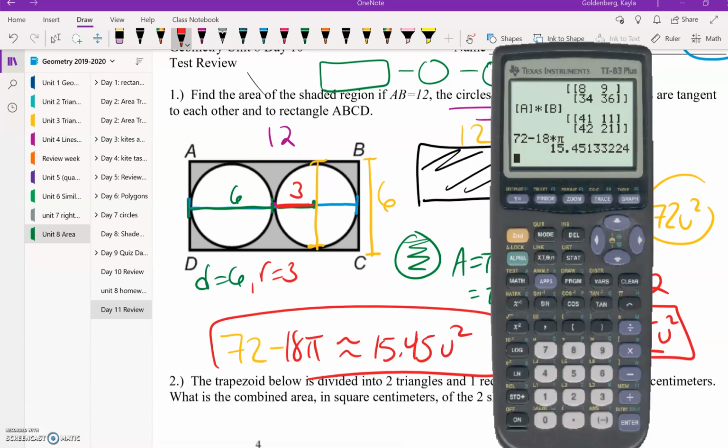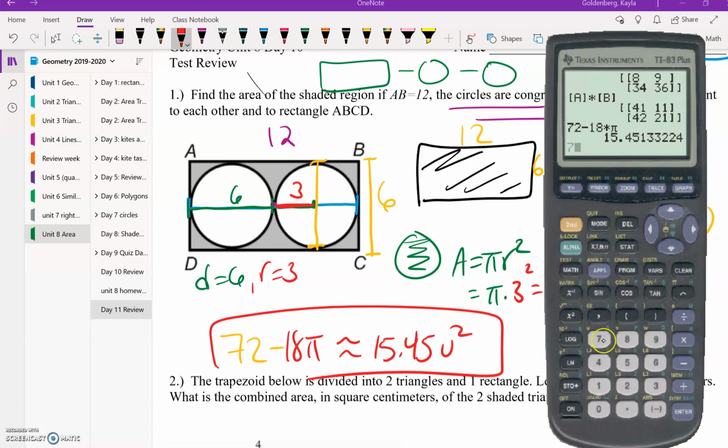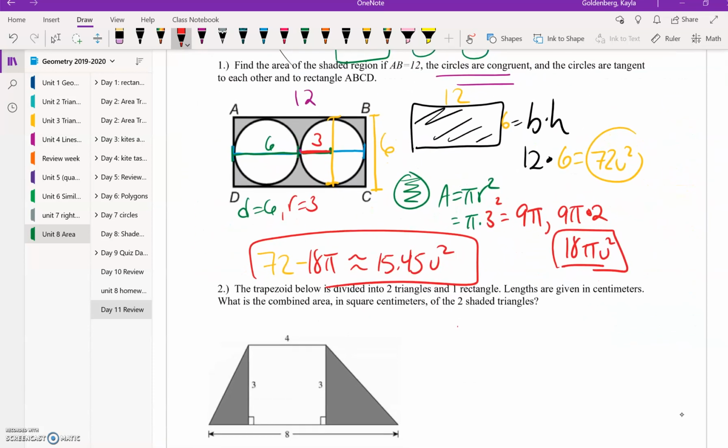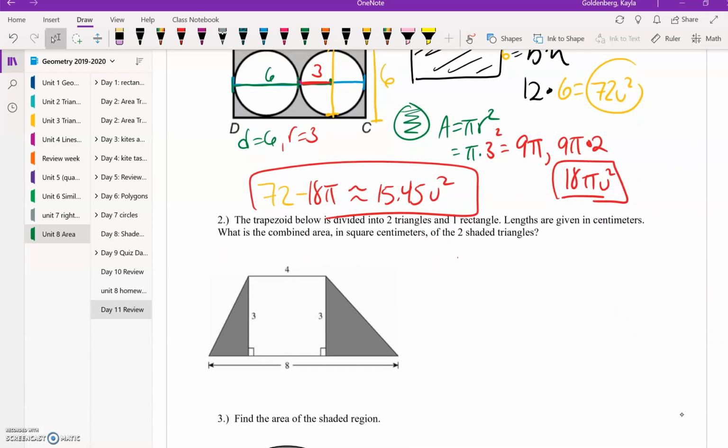Now, once again, that would be a little different from if I did minus 18 times 3.14, because when I'm pressing the pi button it's using all of the digits of pi that my calculator can hold rather than just the first 3. So that's why it will be a little off if you just use the 3.14.